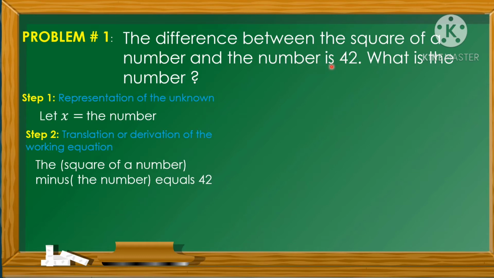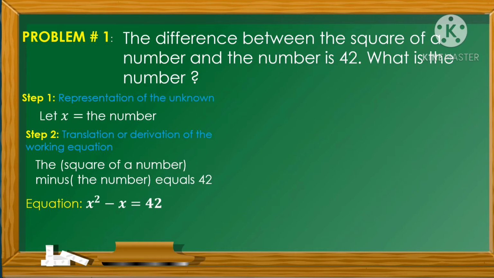And the verb is can be translated into equals 42. So this is our working equation. If we write this into a mathematical statement, we will come up with x squared minus x equals 42. So, ito yung working equation natin to find the number.